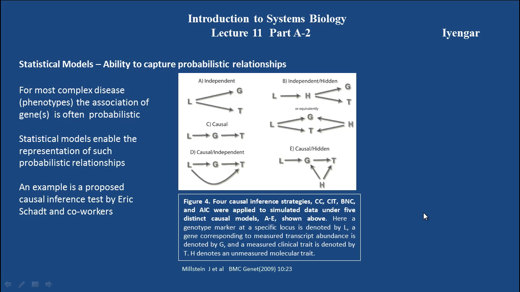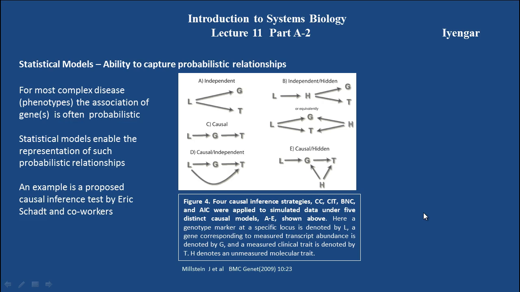The interactions, and hence the edges, may be operational under a variety of conditions, and hence have a probabilistic relationship. And statistical models have the ability to capture these probabilistic relationships.